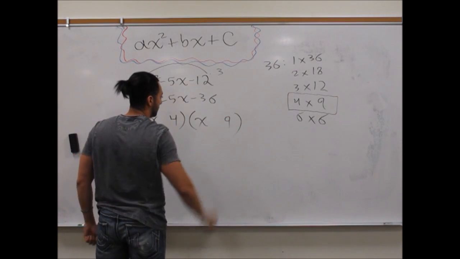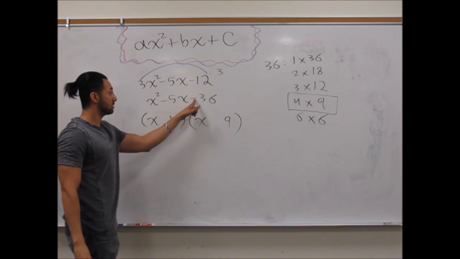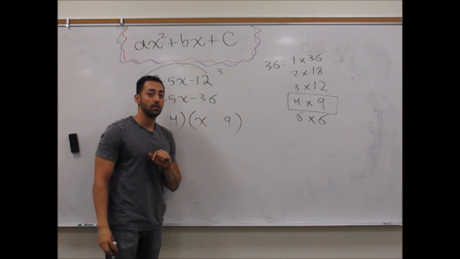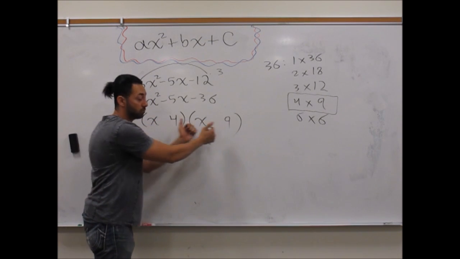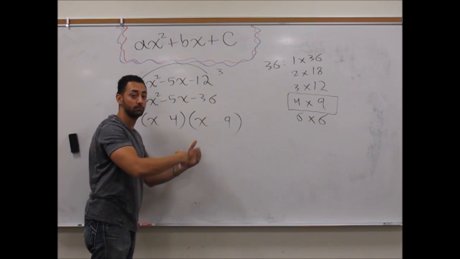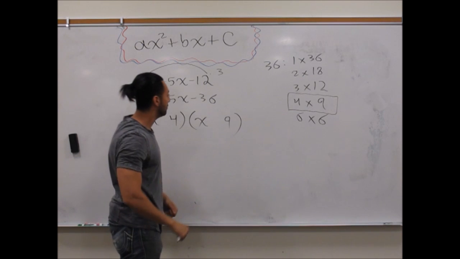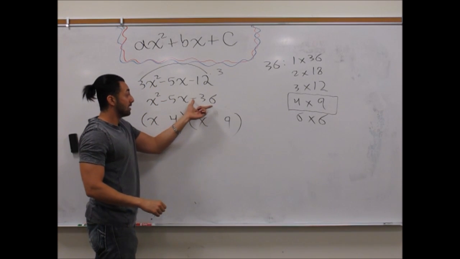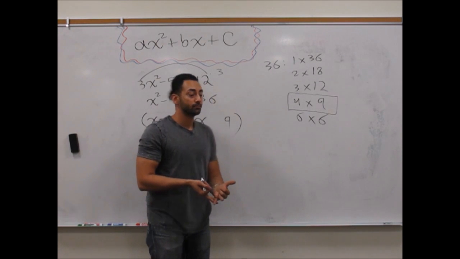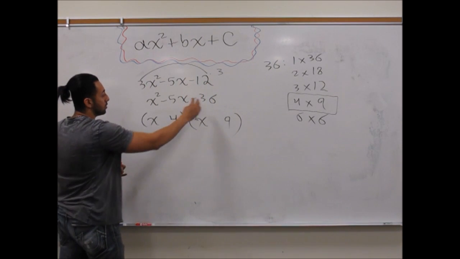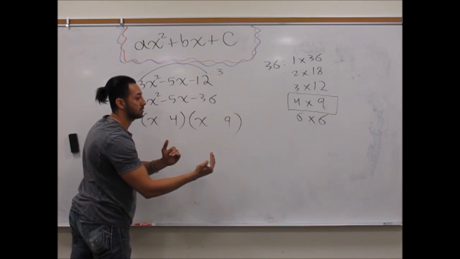4 and 9, right? This C is negative, right? When we talked about the foiling, we said the last two numbers you multiply together are the last things that you multiply when you foil. So to get a negative out, you have to multiply a positive by a negative. So I know I'm going to have the plus minus situation.